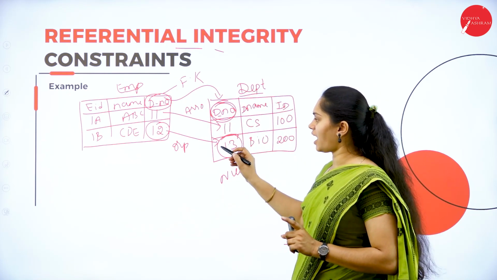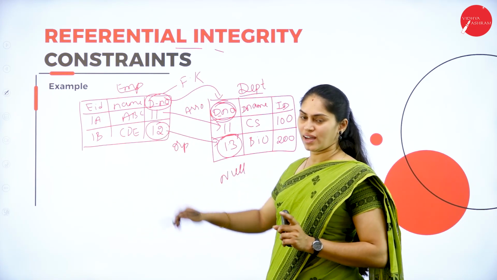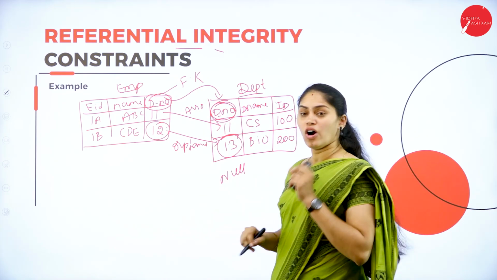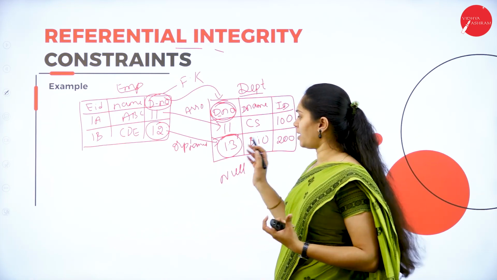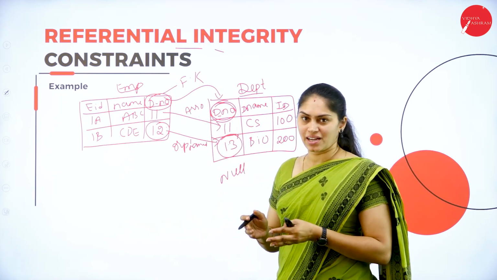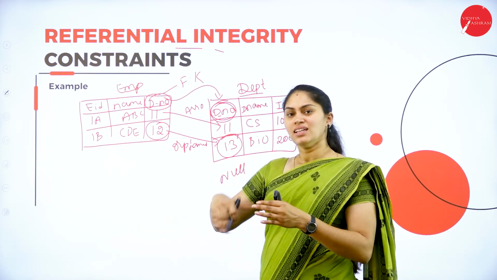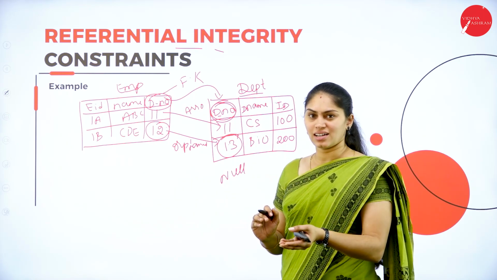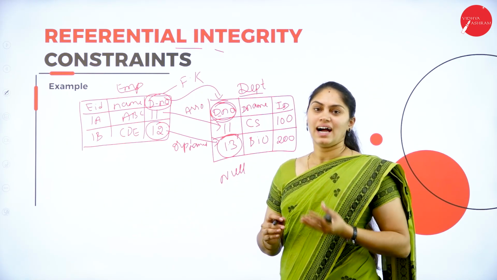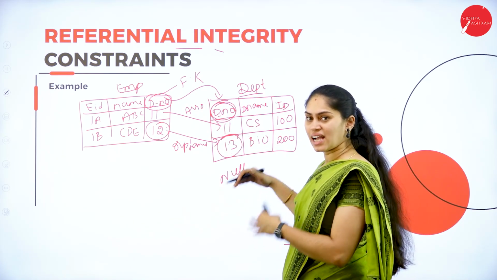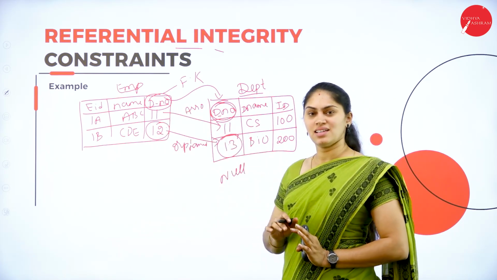So this 13 can't be referred to by this 12, so it will be considered an orphan value, orphan tuple or record. Why? Because it is not referring to anything. If you don't have citizenship of any country, then you can't be a foreigner in any other country, because you don't have an identity at all. The value can be null, but it can't have a value which is not in the referenced key.